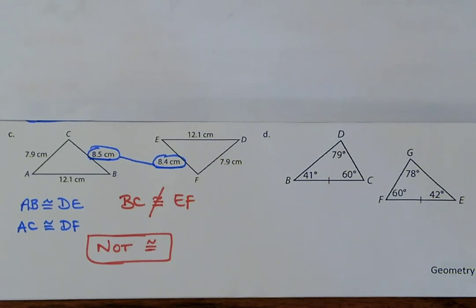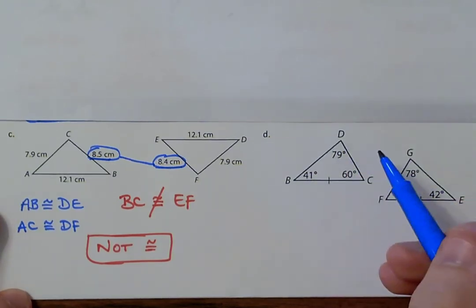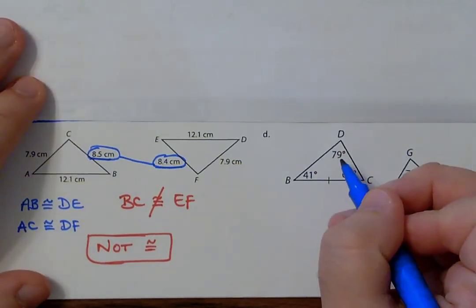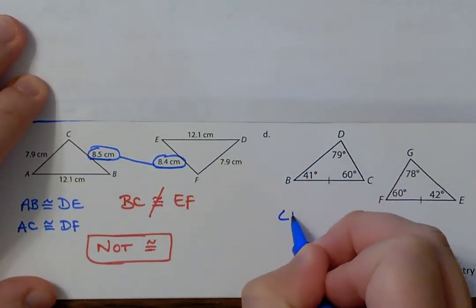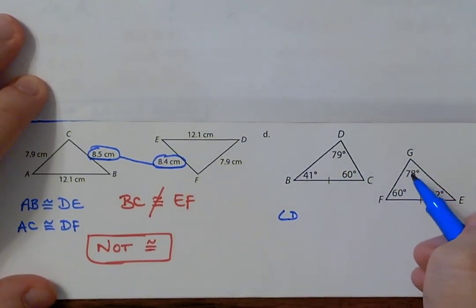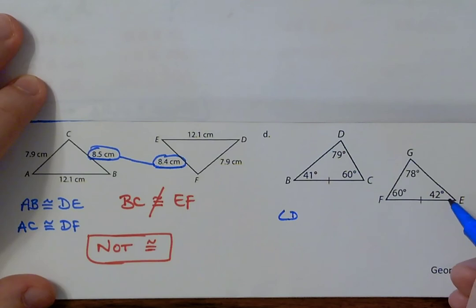Alright, and then lastly, with part D, we have the triangle BCD and EFG as my two triangles. Now, they do give me the angle measures, so we can go ahead and look at those. If I start with angle D, I know that angle D is 79 degrees, and over here, angle G is 78, F is 60, and E is 42.